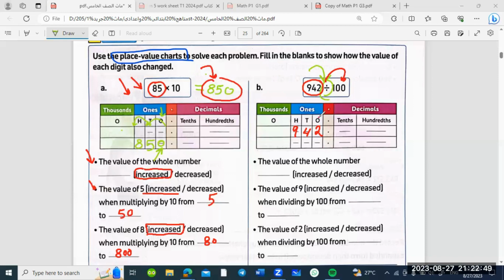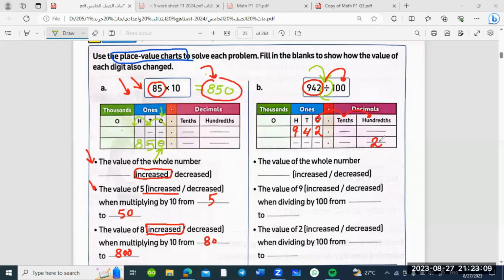For example, the ones here will go 2 steps back. What does 2 steps back mean? From ones you go to tens, and from tens to hundreds. So I will take the 2 from the ones to the hundreds. So here will be 2.